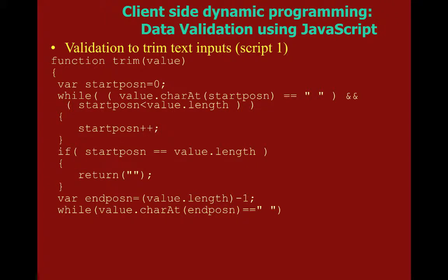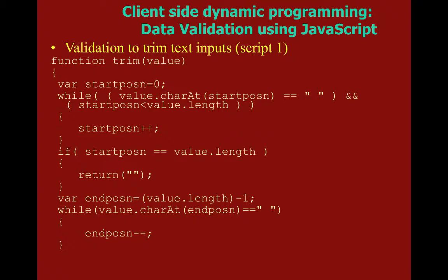So this is just basic JavaScript code that scans through the string from the first character, and while the character at the start position, start POSN, is equal to the white space, it will just keep on incrementing until it gets a non-white space character, and then after that, end POSN will scan the string from the other end of the string to look for all the white space characters.